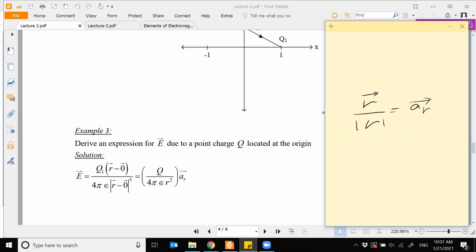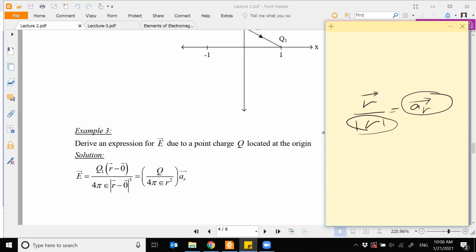This is the definition, right? So AR is nothing but the unit vector, the unit radial vector in the spherical coordinates. So it's R bar, the position vector where your point of interest is, divided by its modulus. So if I name it as my unit vector AR, then this is what I'm placing here. This is the unit vector. And since I have the modulus to the power of 3, so one is gone here. So the remaining R square is here.